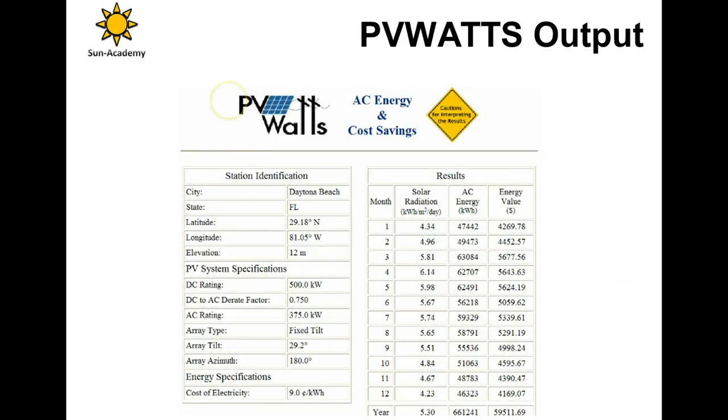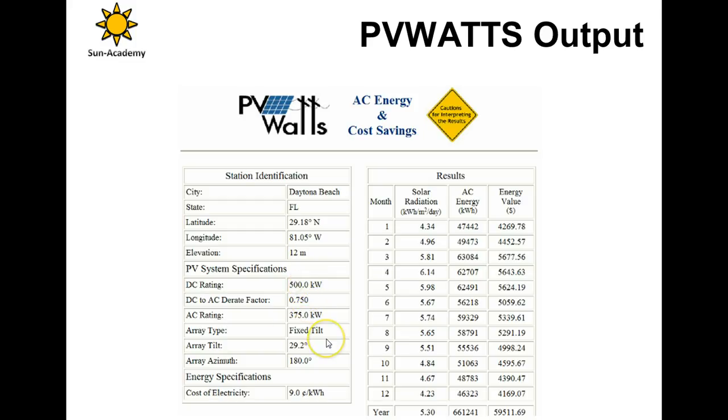Here is an example of a PV Watts output showing your location here as Daytona Beach, the state, the latitude, elevation, the DC rating for this PV system. It's going to be a 500 kilowatt system, a derating factor of 0.75, an AC rating of 375, which is 500 times 0.75, the derate factor.